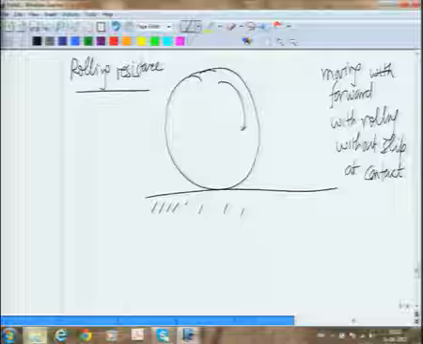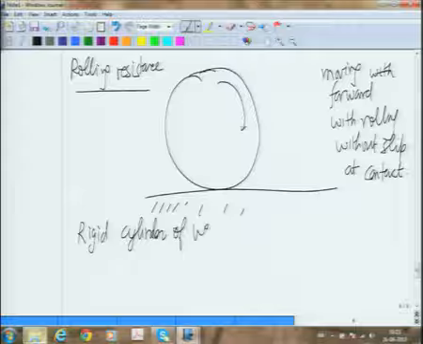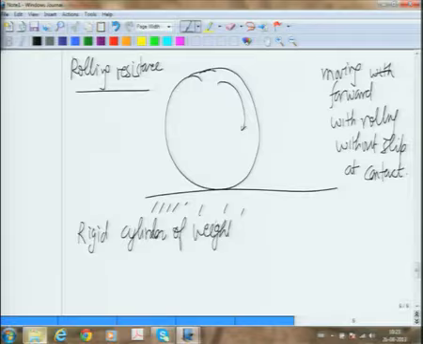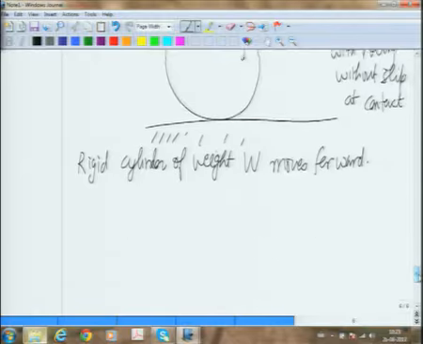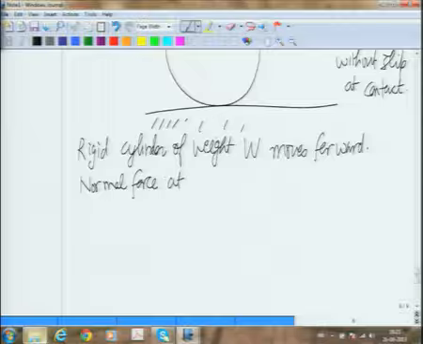We normally assume that... the problem is, we say there is a rigid cylinder of weight W that moves forward. There is a normal force at the point of contact.